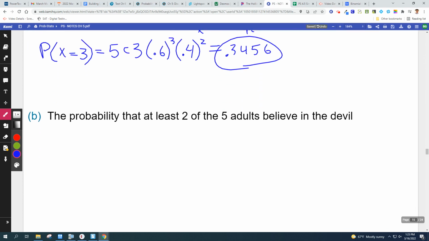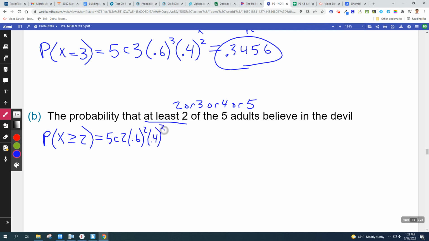Part B, we want the probability that at least 2 believe in the devil. So at least 2 means greater than or equal to. In other words, 2 or 3 or 4 or 5. So if I was going to use the formula, I would have to say 5 choose 2 times 0.6 to the second, 0.4 to the third.